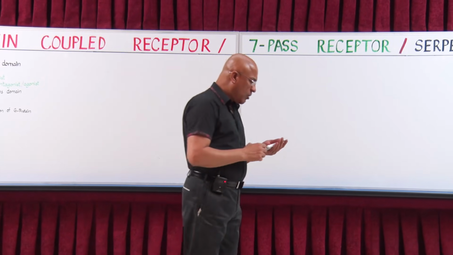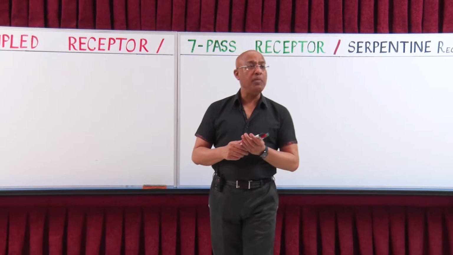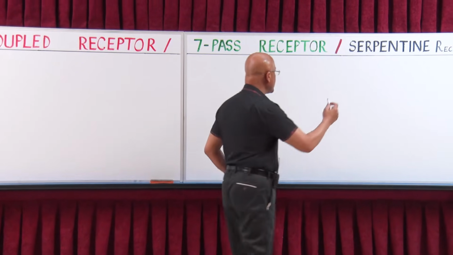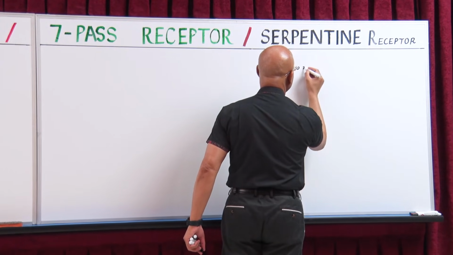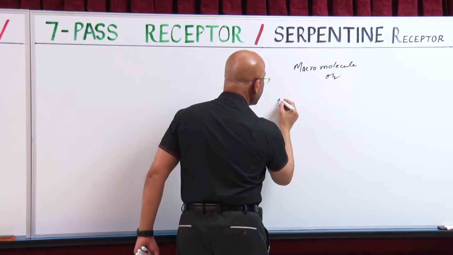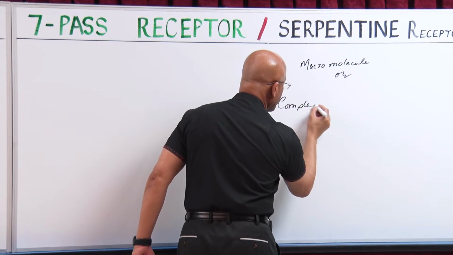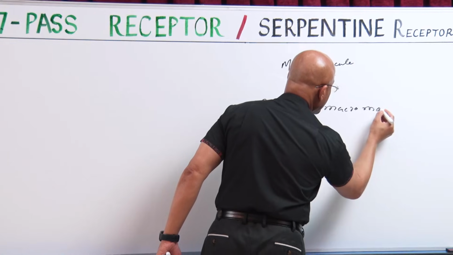Now, what is a receptor? A receptor is any macromolecule or complex of macromolecules.